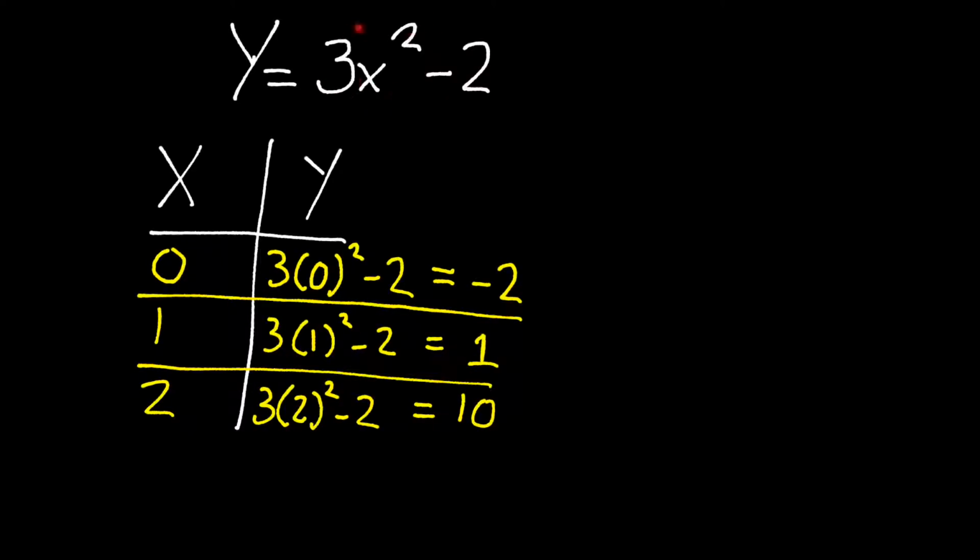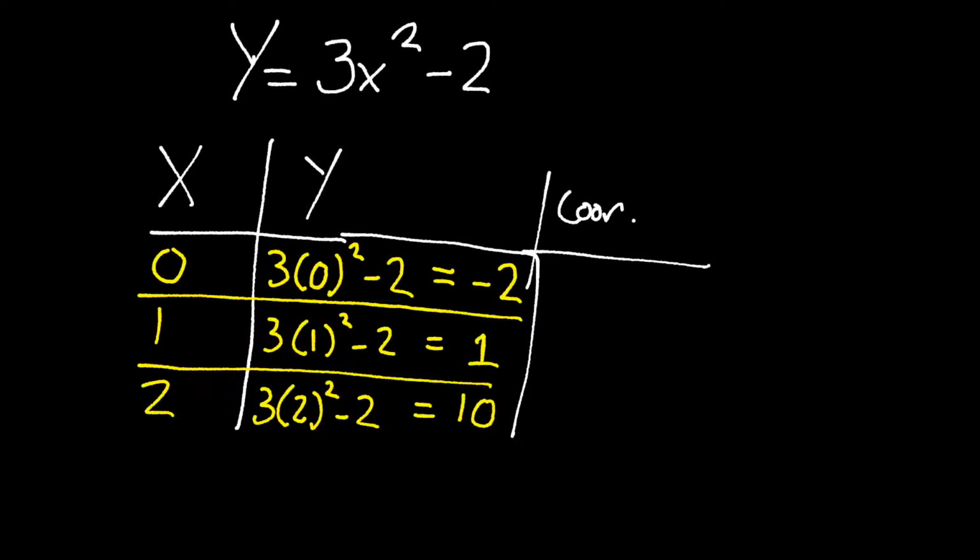And it's all because of that exponent there. Just like in the last example, we could then create some coordinates. We would have here (0, -2), (1, 1), and (2, 10).